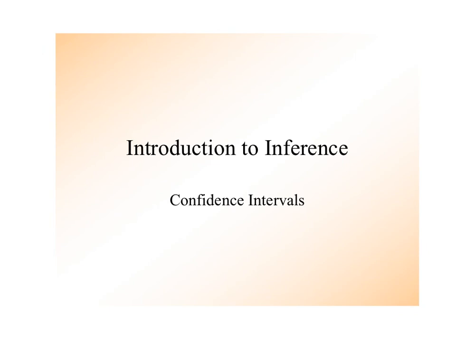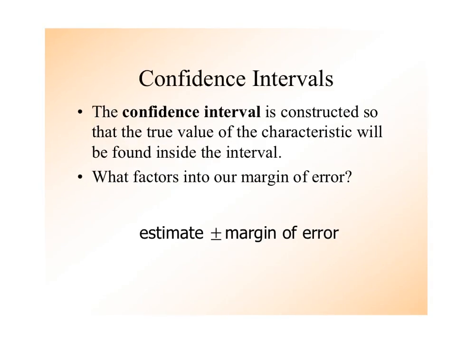To start off with the definition: a confidence interval is something that's constructed so that the value of the characteristic will be found inside the interval. What that means is, from the previous lesson, a lot of our research deals with collecting samples, and with those samples we try to predict what the true parameter will be.